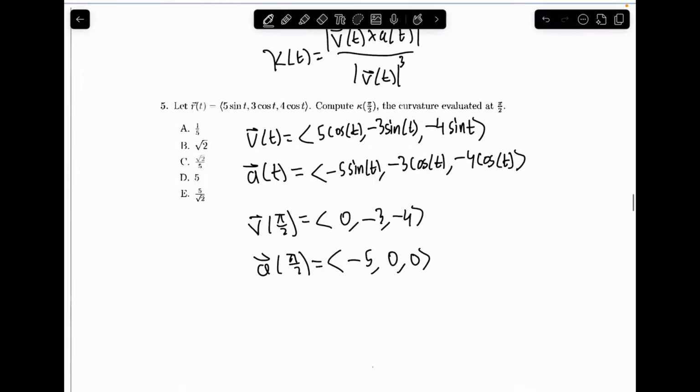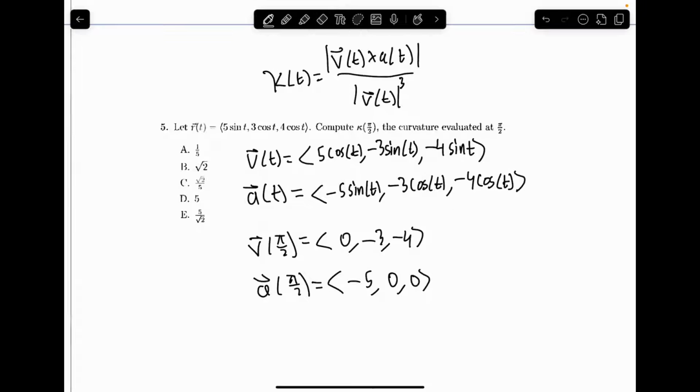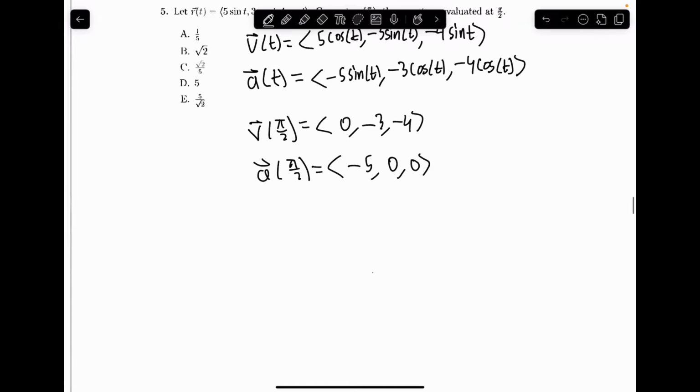Okay, to get these magnitudes, we're going to need to cross them anyways. So let's cross v and a, and that's going to be the determinant of a matrix. So v of t cross a of t is going to be the matrix of i hat, j hat, and k hat, then 0, -3, -4, -5, 0, 0.